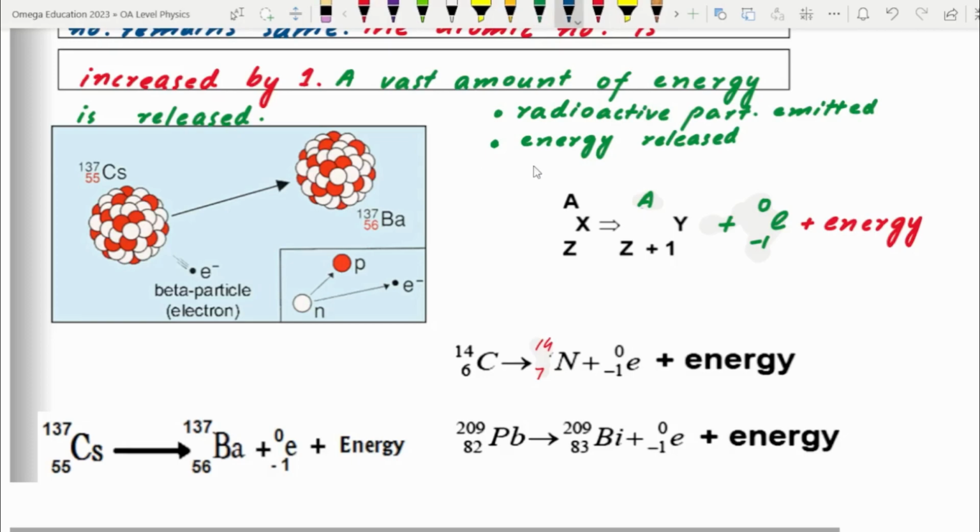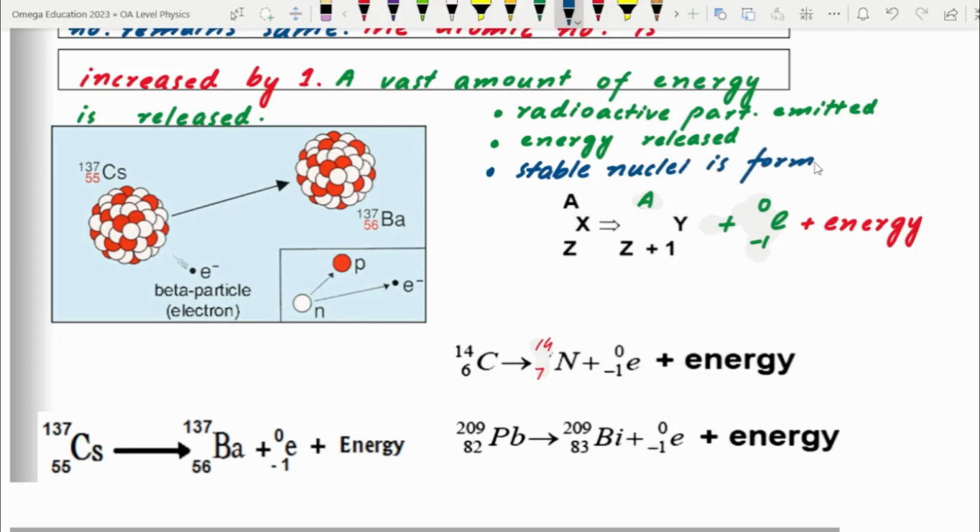So for the similarities, be it alpha or beta, the radioactive particle is emitted, energy is released, and a relatively stable nucleus is formed.